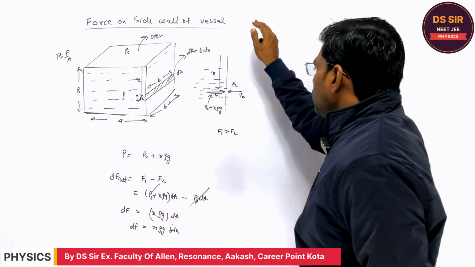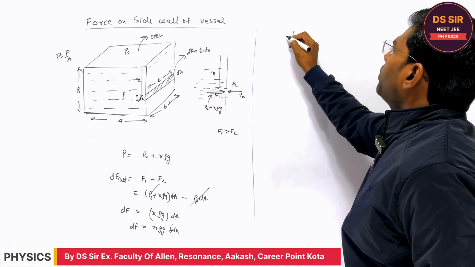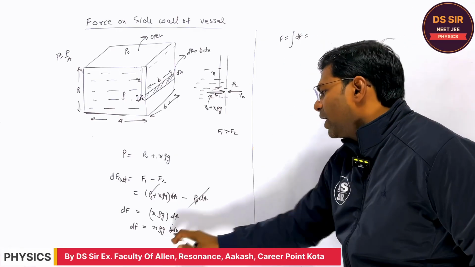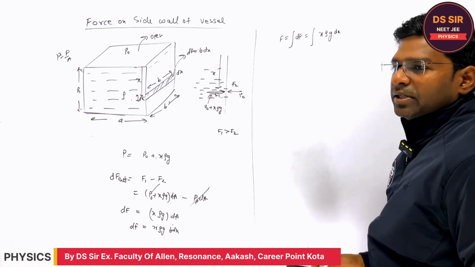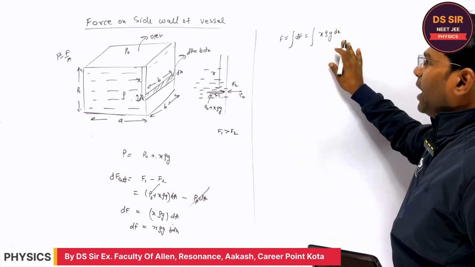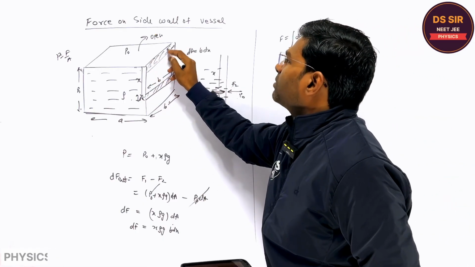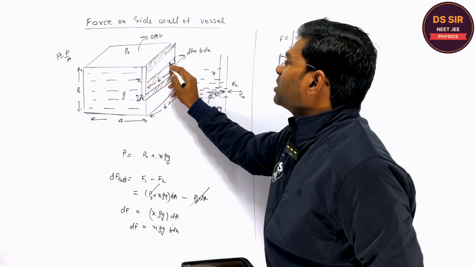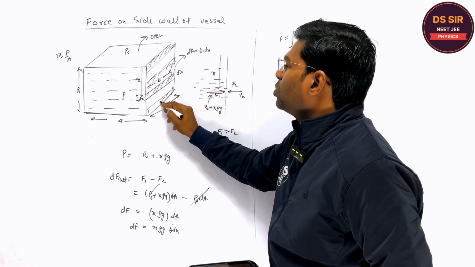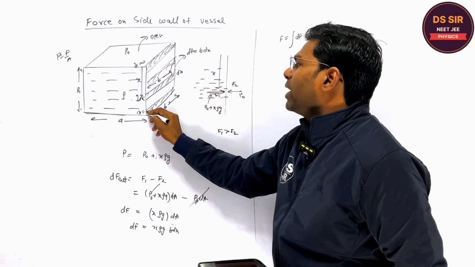So how to find the net force? The net force is found by integration of dF, which is x rho g dx. Is it clear or not? You will integrate from the strip starting from here, then another strip, like this, and the strips go from x equal to 0 to x equal to h.